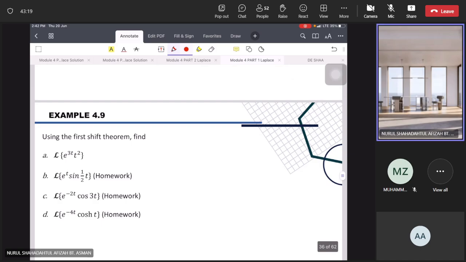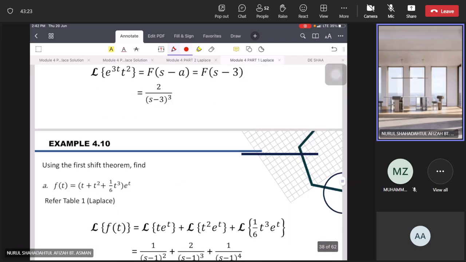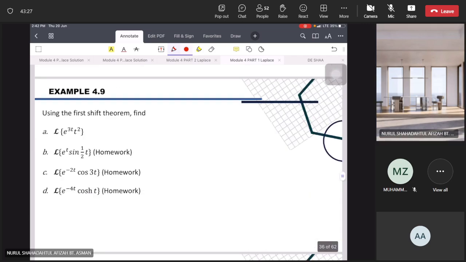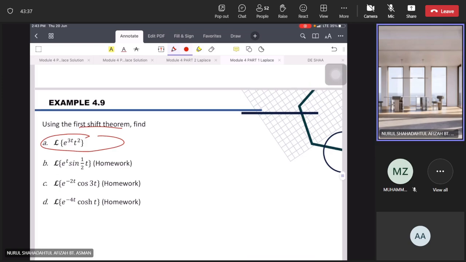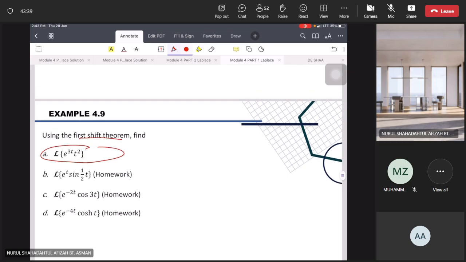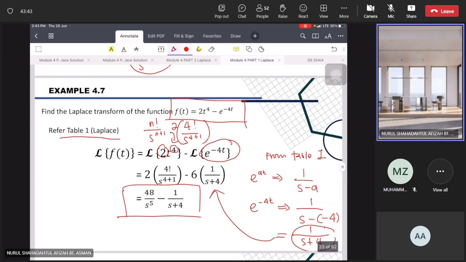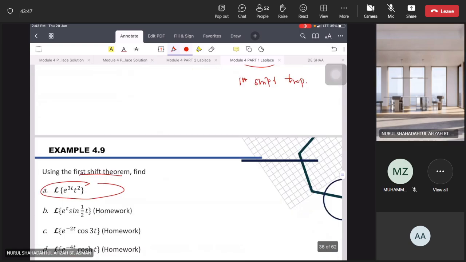Why is it called the first shift property? I think we'll try to see a few examples. Yeah. So this is using the first shift theorem. Find the Laplace of e to the 3t. It is different from this.